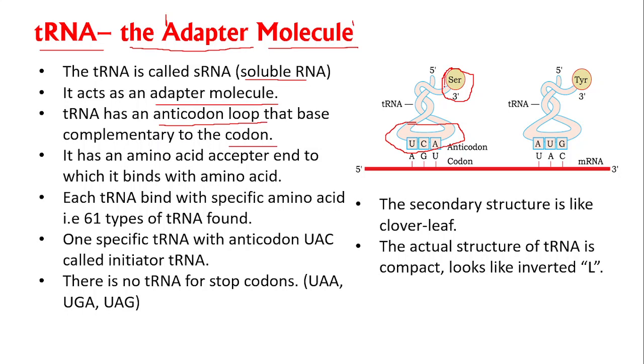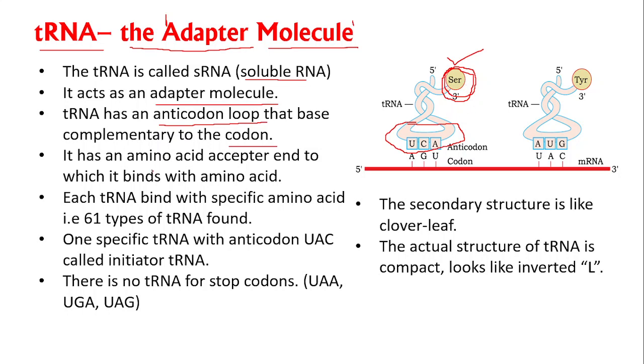The 3' end of the tRNA has a particular site where the amino acid is attached, called the amino acid acceptor end, or amino acid binding site. For that reason, the amino acid will be attached to this end of the tRNA.